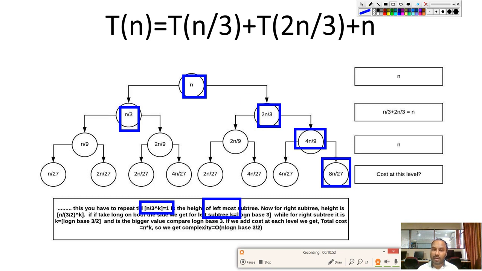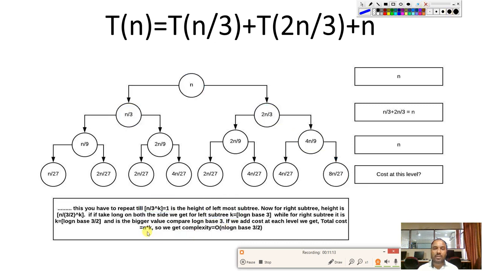So if we calculate the height of the right subtree, the same way as we calculated for the left subtree, and we got the height of the left subtree is log n base 3, here it's the same way, you will get the height of the right subtree is log n base 3 by 2. And as we all know, the height of the right subtree is going to be larger, right?